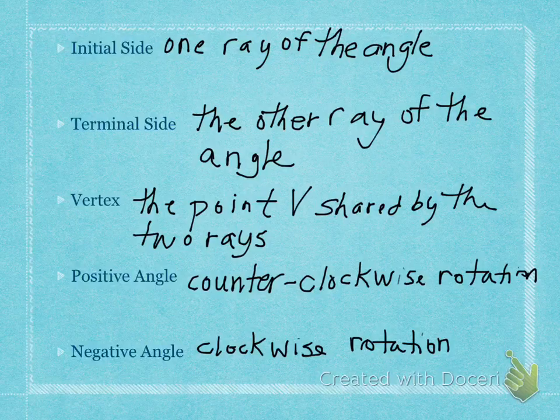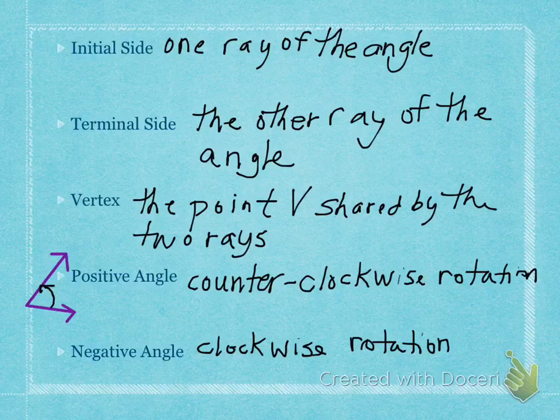So if you're taking a look at these angles that I drew before, counterclockwise looks like this. So if it's an angle where the initial side is that lower one and the terminal side is the upper one, that is a positive angle.